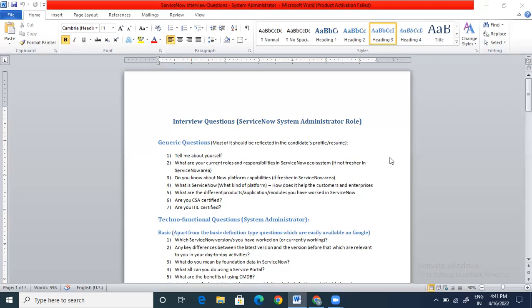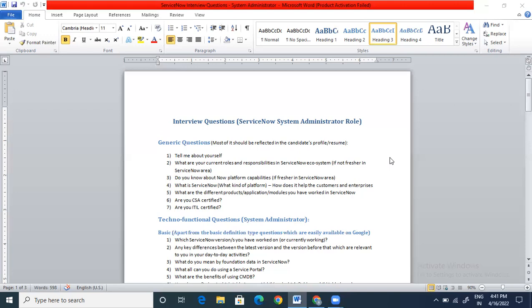For example, if this is a role of ServiceNow system administrator, then you should be talking more in terms of what you have done as a ServiceNow system administrator, rather than as a project manager or any other role you've done in the past. They might not be interested in that particular bit.